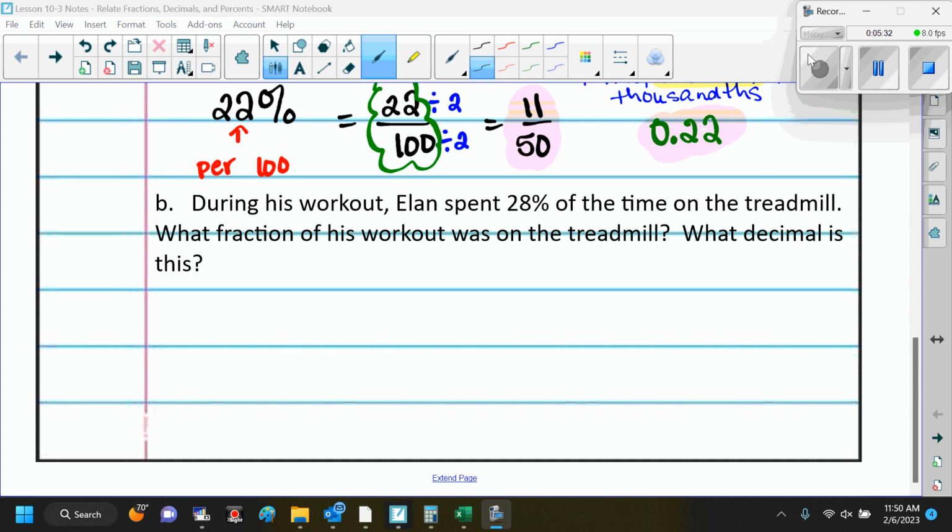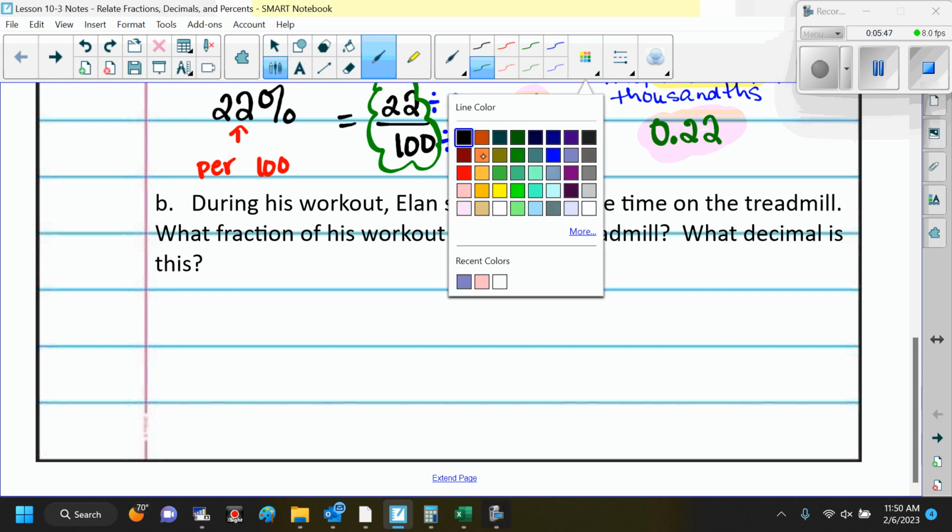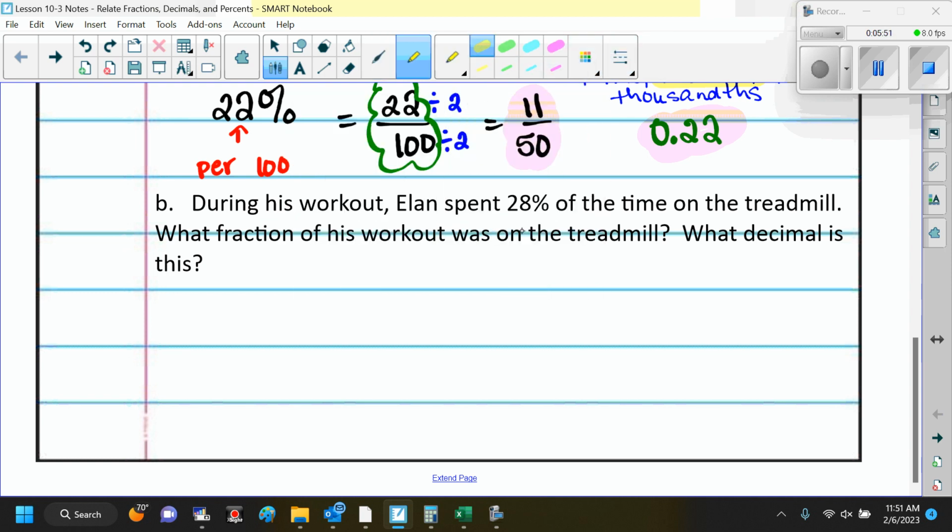So during his workout, Elon spent 28% of the time on the treadmill. What fraction of his workout is on the treadmill, and what decimal is that? So we are starting with 28%, right?